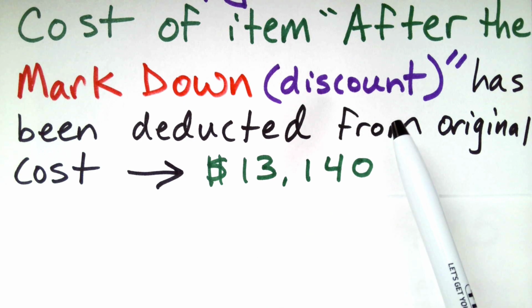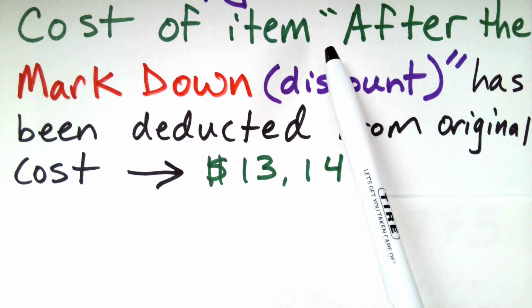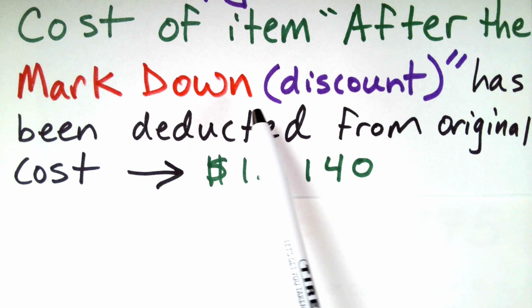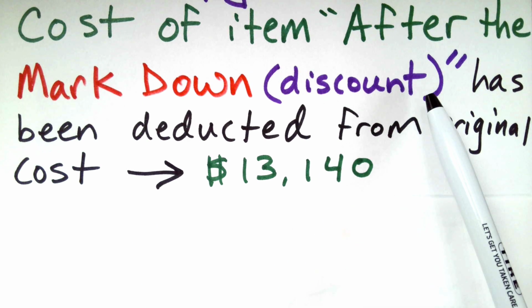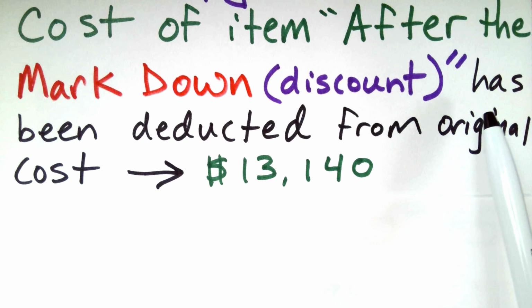So when you're taking taxes of the value after the markdown discount has been subtracted from the original cost of the item, right?